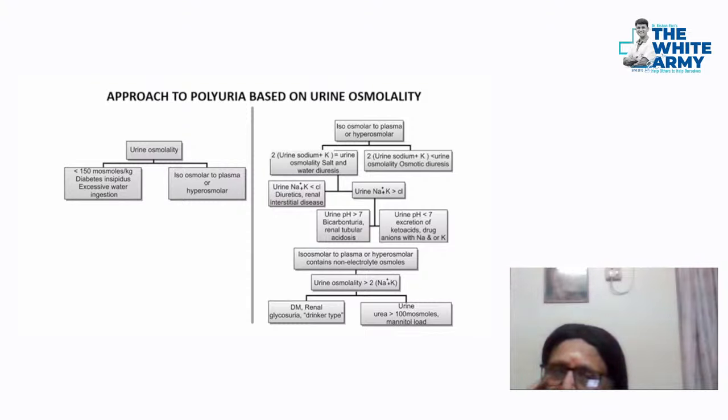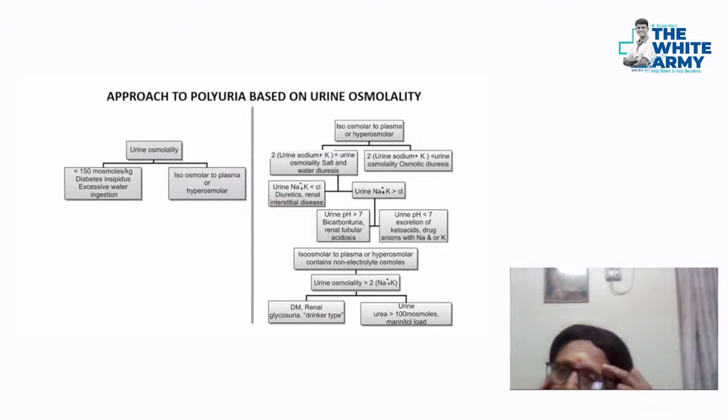If the urine osmolality is less than 150, straight away think about diabetes insipidus and psychogenic polydipsia. If it is more than 300 or between 150 and 300, you have to concentrate on the right-hand side. If the urine sodium and potassium is equal to urine osmolality, we know that diuretics may be the reason. Chronic tubulointerstitial nephritis or acute interstitial nephritis can also do the same.